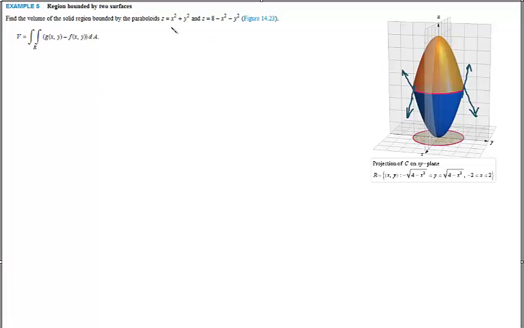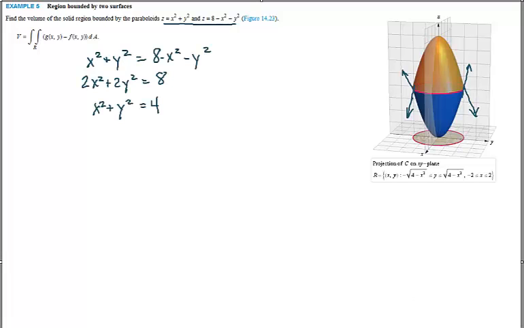How I'll do that is I'll just see where these two functions are equal. So I need to say x squared plus y squared equals, and I'll get that. So I see that they intersect in a circle of radius 2.